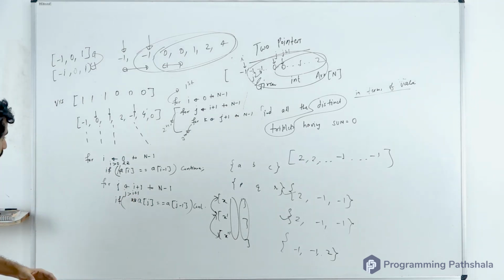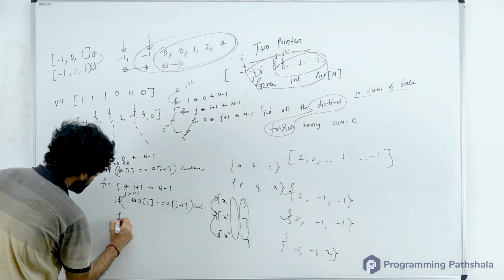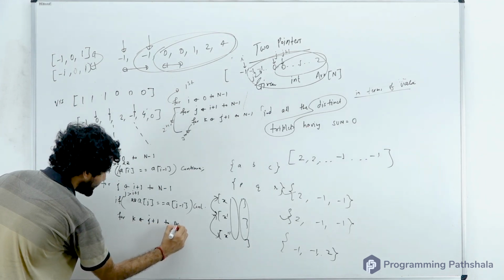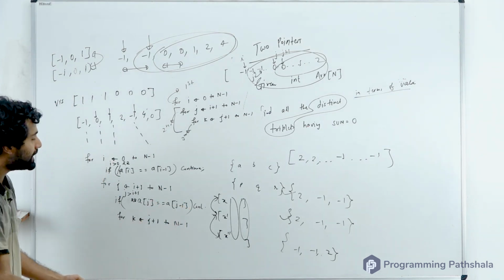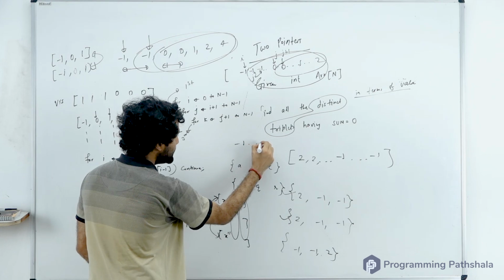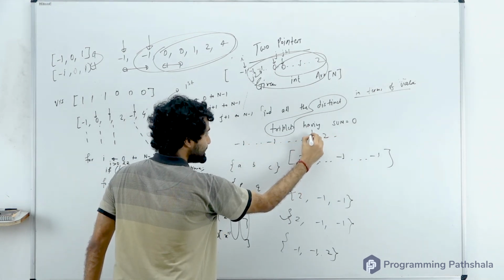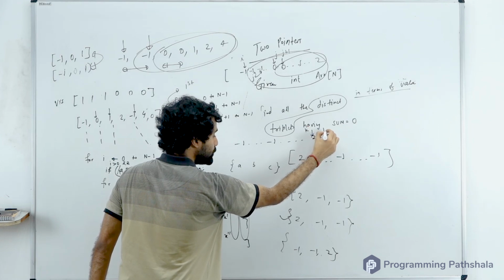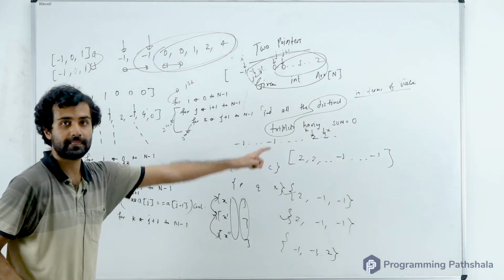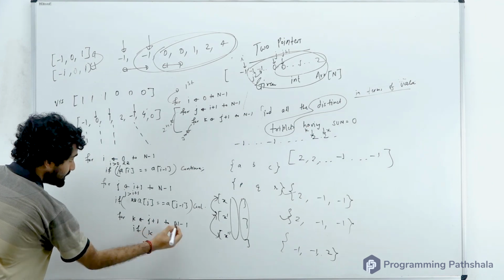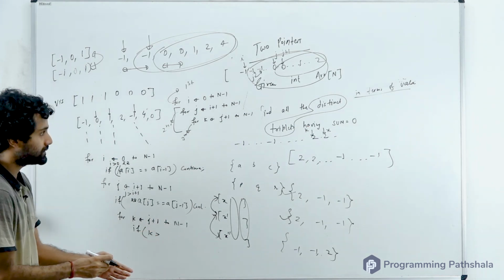Similarly, can you do it for k also? Your k will go all the way from j plus 1 to n minus 1. Again, similar conditions. Let's say you had -1 and then -1 and you saw 2. After considering k over here, you would not want to consider k over here again. So you will write that if k is greater than what?